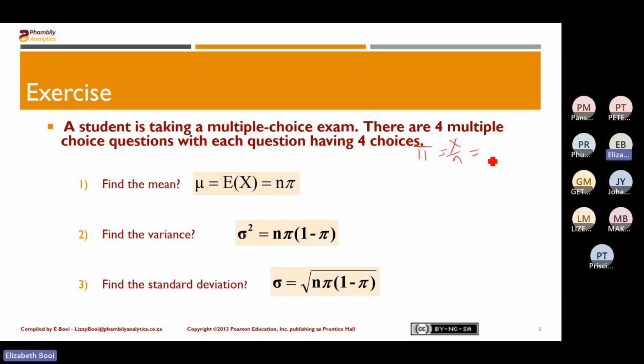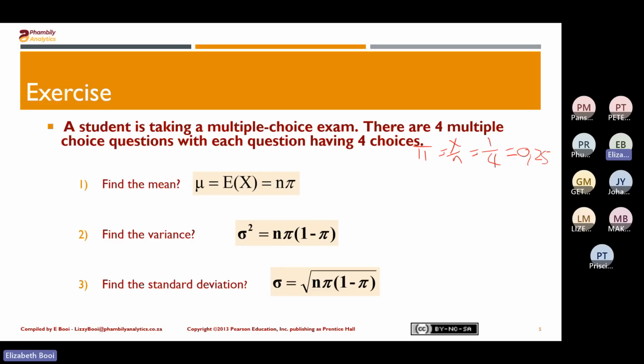So the outcome will be 1 divided by 4, because of the 4 choices. Therefore, we can calculate the probability of success as 1 divided by 4, which equals 0.25. So our probability of success is 0.25.